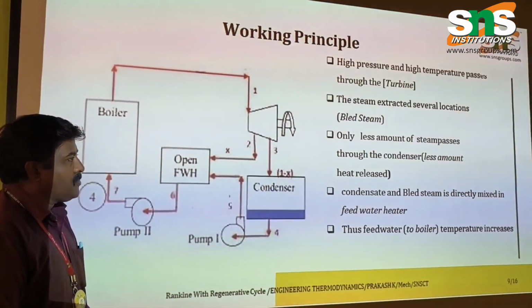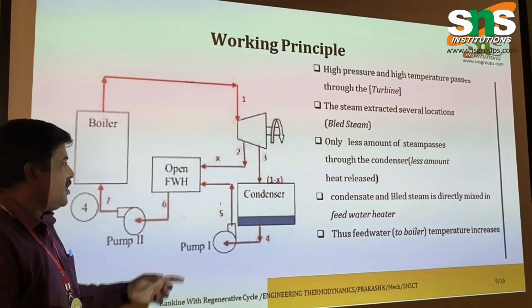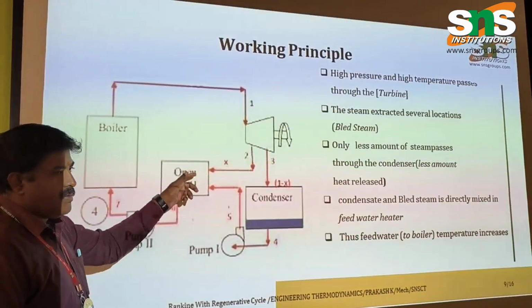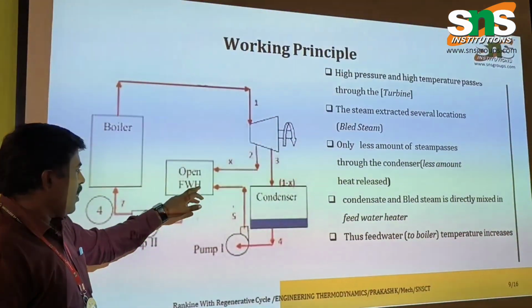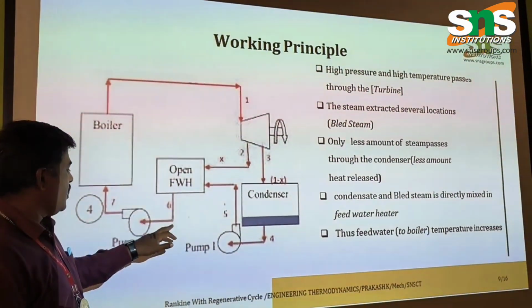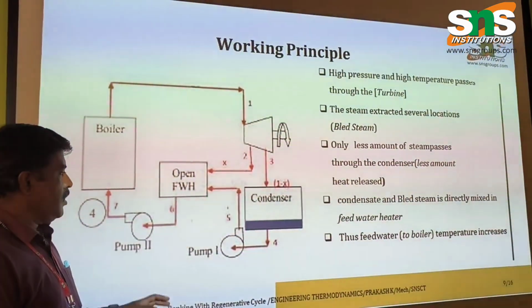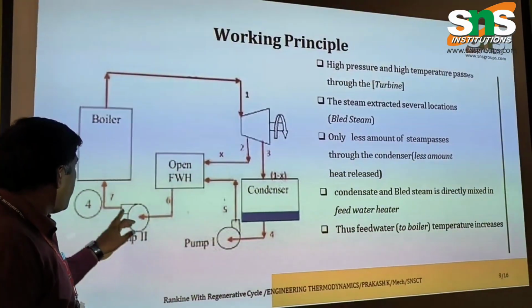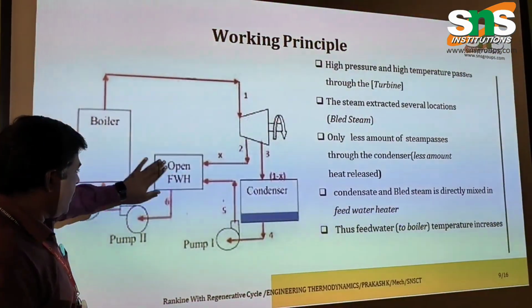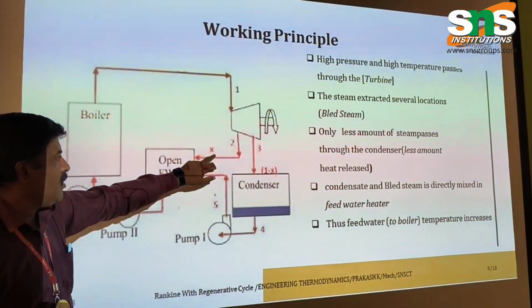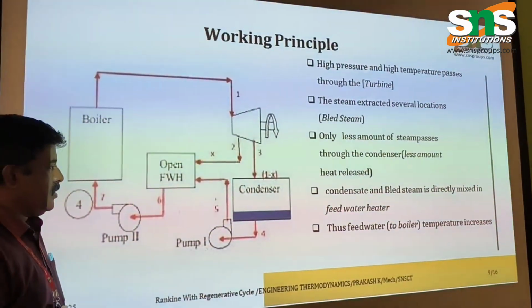This bleed steam is taken and used in the feedwater heater for waste heat recovery. Thus the feedwater which is supplied to the boiler is getting heated with the help of this bleed steam.